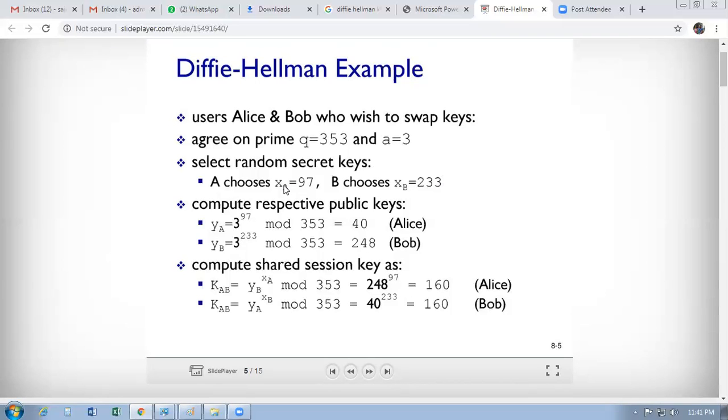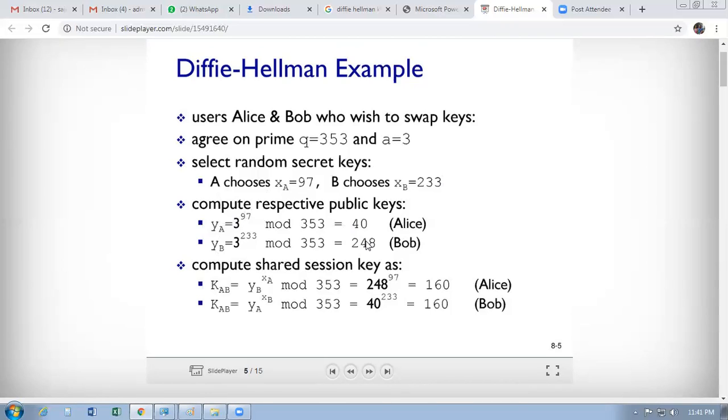Using these private values, they can calculate their public key. The formula is YA equal to A power XA modulus Q, YB equal to A power XB modulus Q. So using modular arithmetic operations, you can calculate the public key of each person, Alice and Bob.